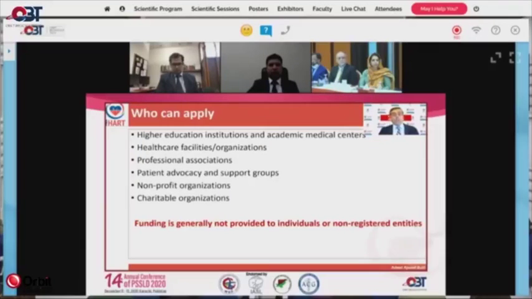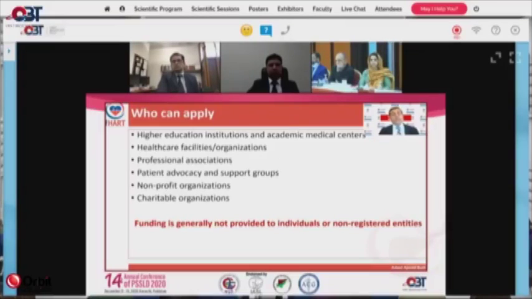Who can apply for these kinds of grants or funding? Generally, funding is awarded to higher education institutions and academic medical centers. They are also awarded to healthcare facilities or organizations, and professional associations. In some cases, patient advocacy and support groups can apply for funding, as well as nonprofit and charitable organizations.